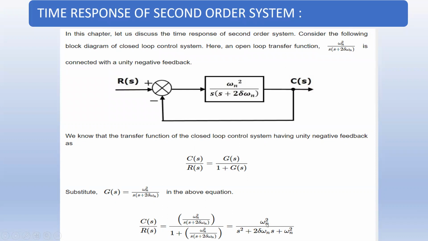We can write the overall transfer function as omega n square divided by s square plus 2 delta omega n s plus omega n square. If we observe the denominator polynomial in this overall transfer function, it has the highest power of 2, so we can say that it is a second order system, and the characteristic equation of this second order system is quadratic.